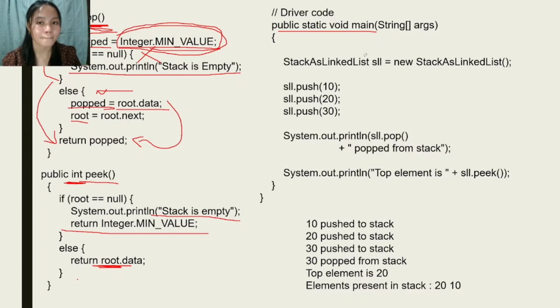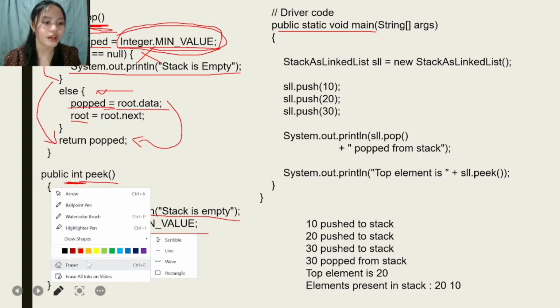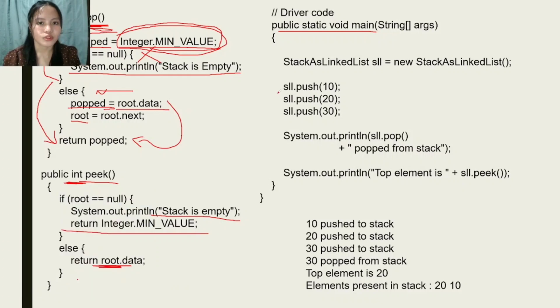So now in our main method, we will be invoking the methods that we have defined earlier, right? So first, we invoked the push. SLL.push with an argument of 10, meaning to say we will be pushing 10 to our stock.